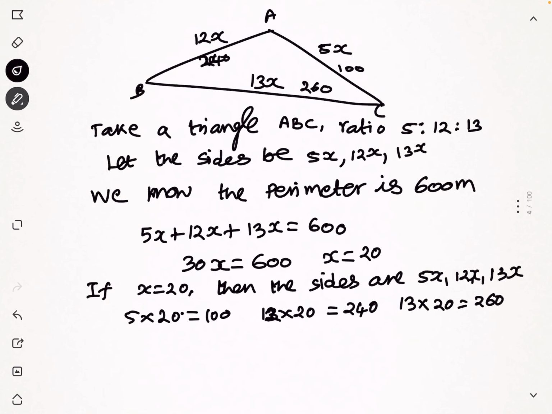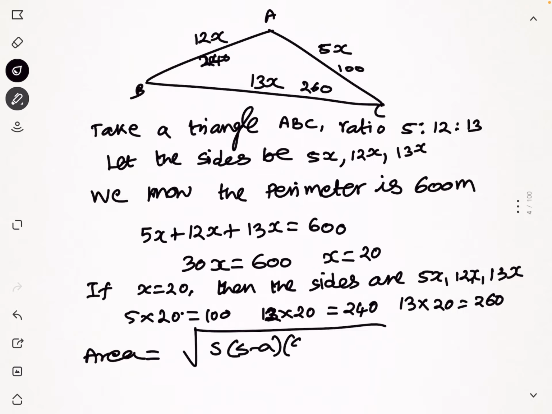Hope this is clear. Now we know that area is equal to square root of s into s minus a into s minus b into s minus c, right? We have to substitute in this formula. I hope so far it is clear, and we have found the sides of the triangle.